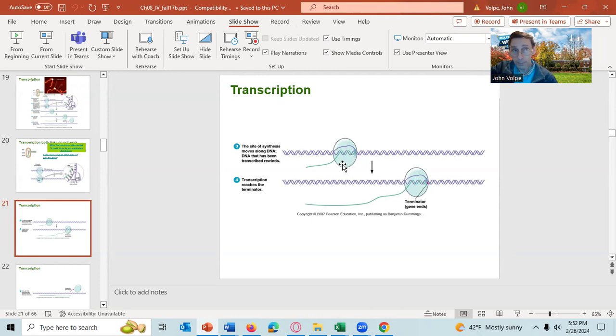In eukaryotes and bacteria, usually only one strand of DNA will be transcribed. But in viruses, which happen to be double-stranded, both strands could code for a gene product. Usually in bacteria and eukaryotes, only one strand will code for the gene product, and so only one strand will be read by the RNA polymerase and transcribed into messenger RNA.